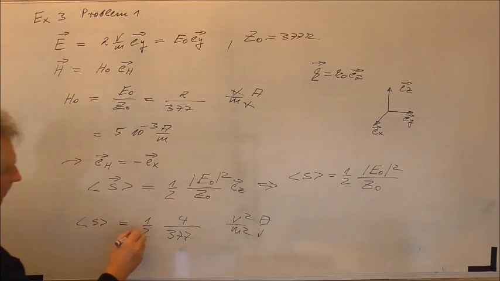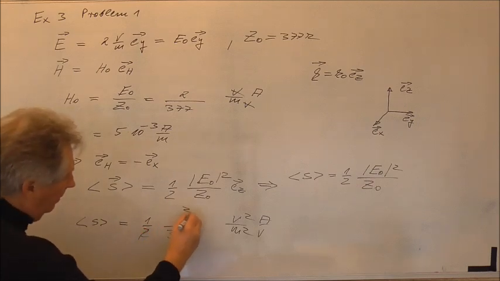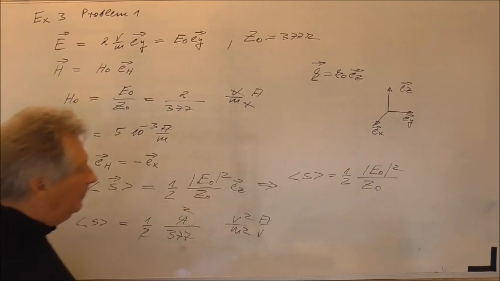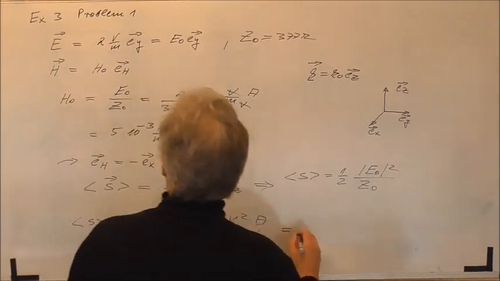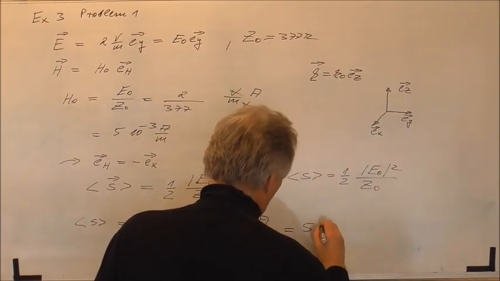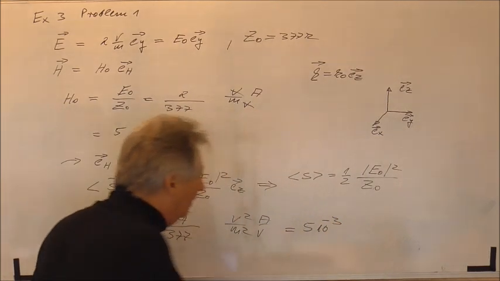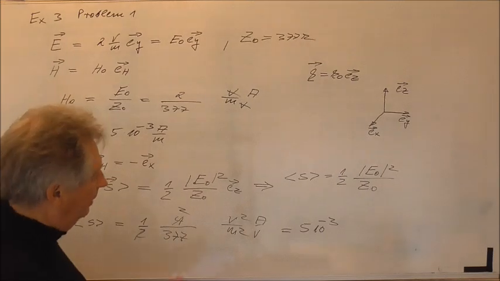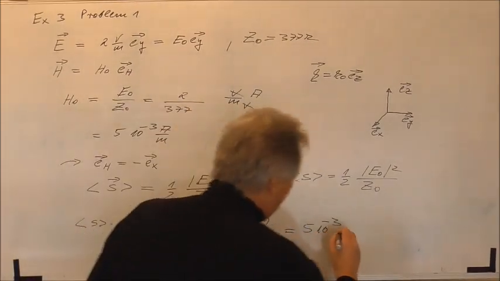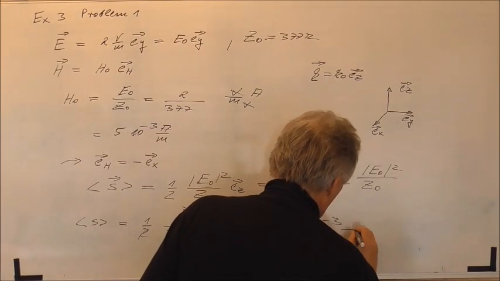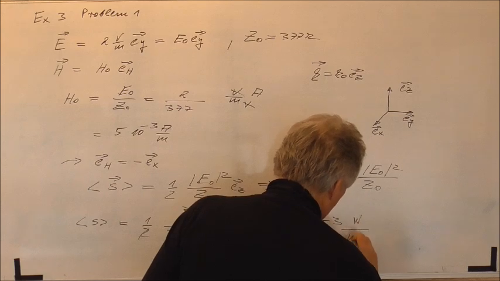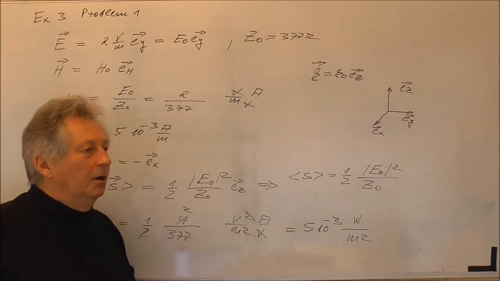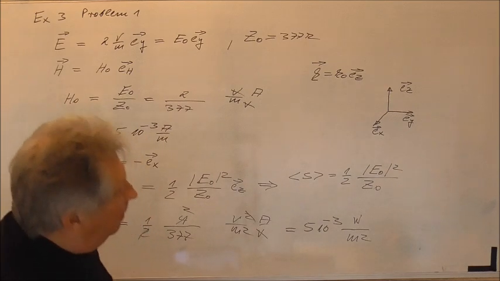And of course it's 2 here, and you see we have in principle the same value. It will be 5 times 10 to the power of minus 3, but we will have of course a different unit here. Here we will have as a unit watt over meter square.